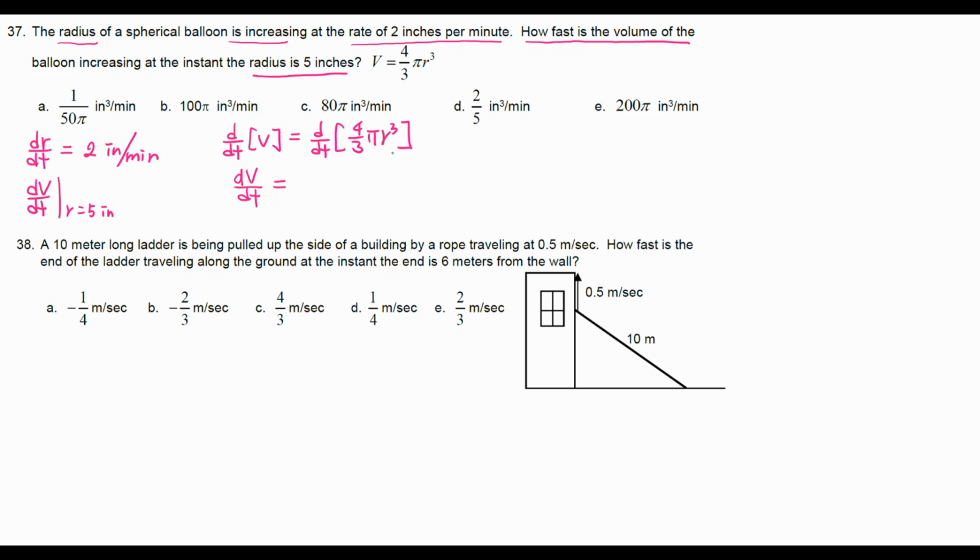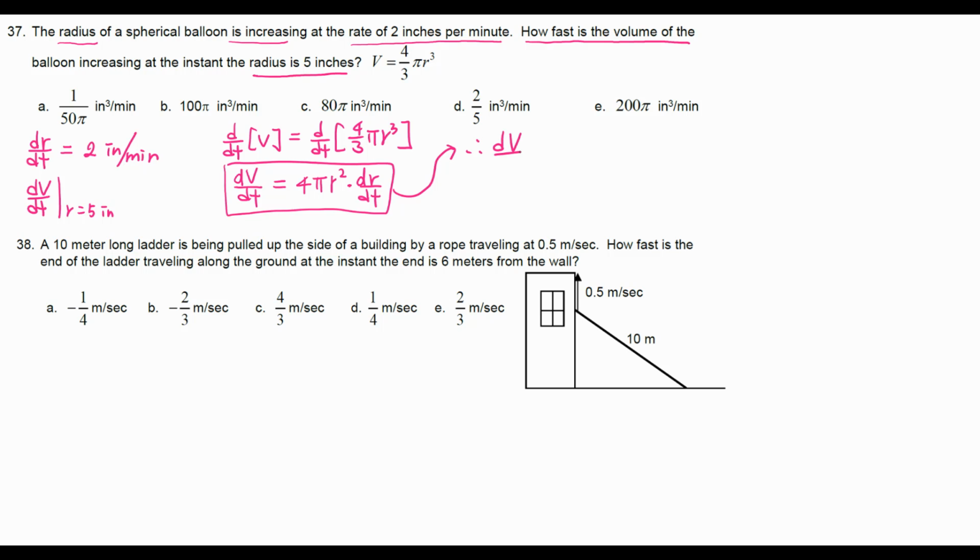When you take the derivative with respect to time t, 3 comes down, 3 cancels, so you get 4 pi r squared dr/dt. And because they wanted you to find dV/dt, we can use the equation the way it is, and let's plug in numbers.